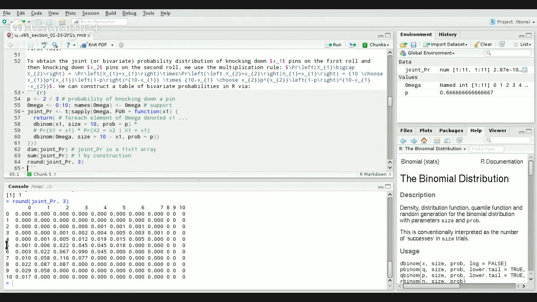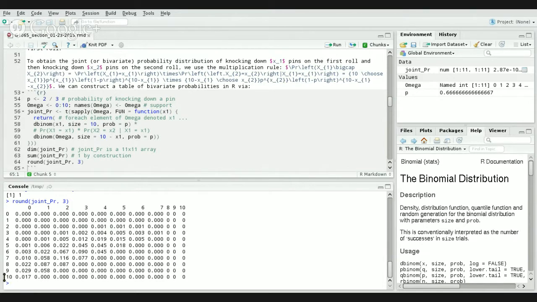In other words, the probability of knocking down 5 pins on the first try and 3 pins on the second try is 0.045. The probability of knocking down 8 pins on the first try and 2 pins on the second try is 0.087, etc. Now, some of these in the lower right have probability 0 because they are impossible.